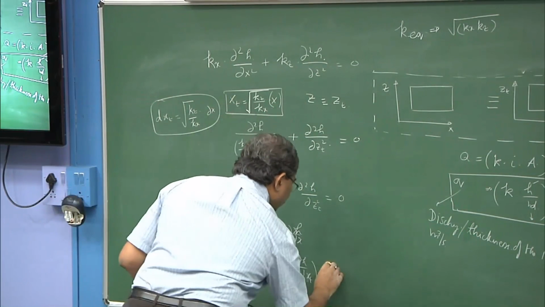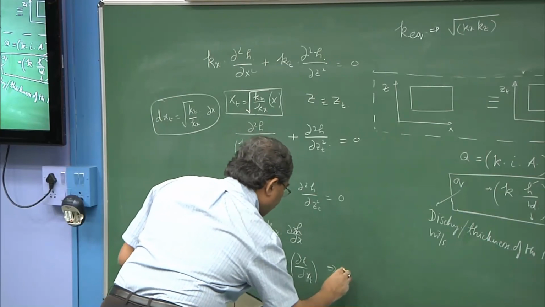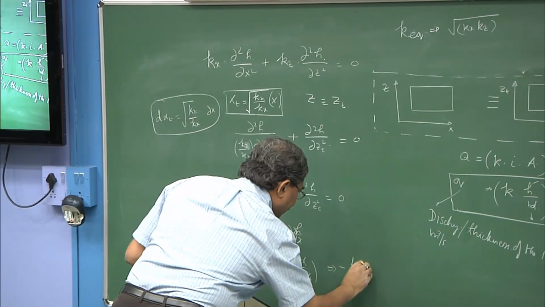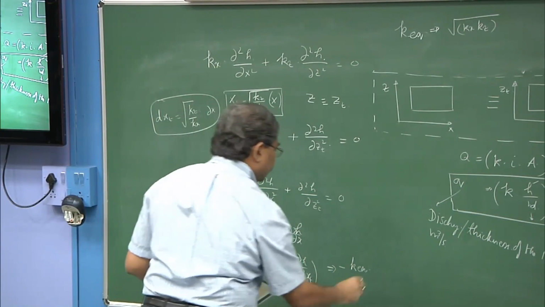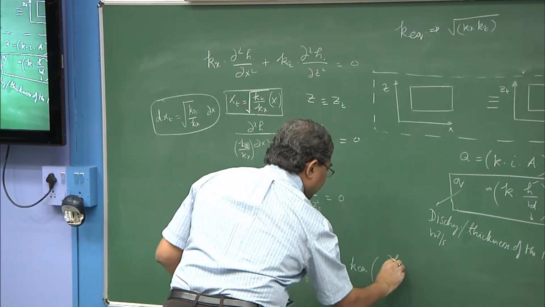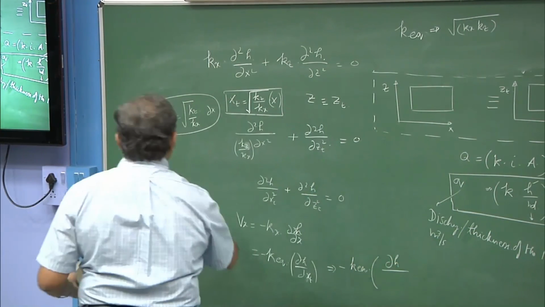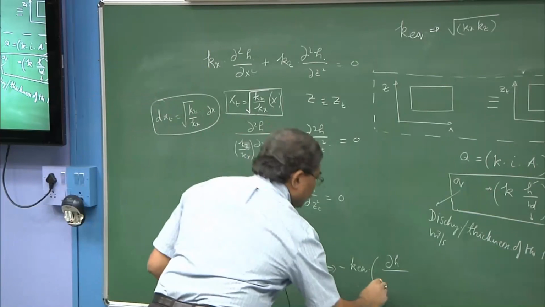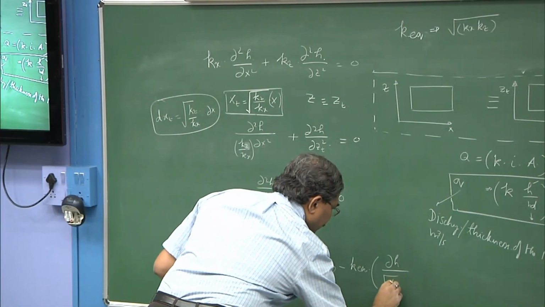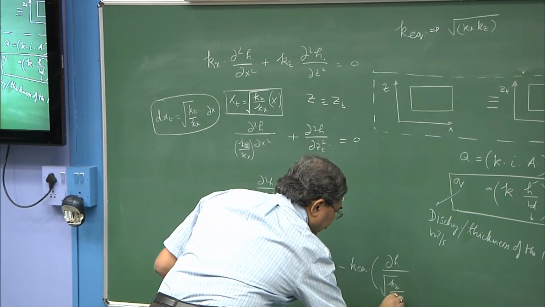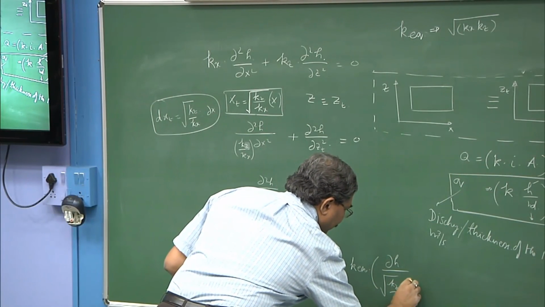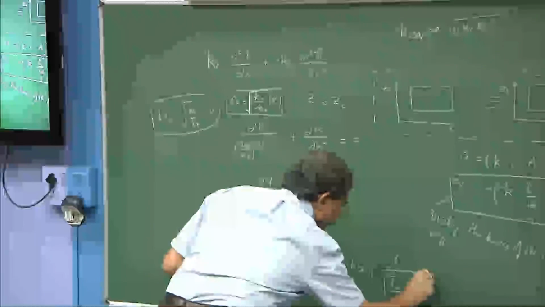Now, this will be equal to minus k equivalent into del h upon del x t, which will be under root k z upon k x into del x.